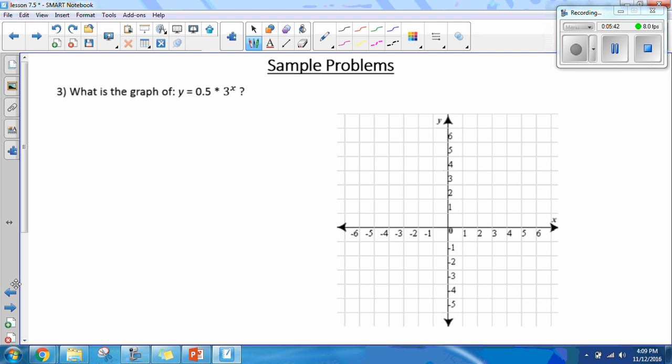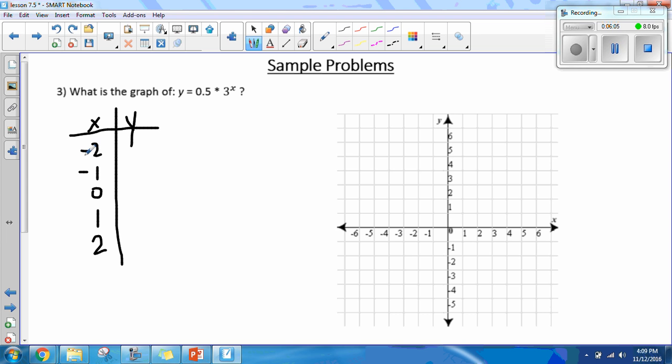What is the graph of y equals 0.5 times 3 to the x power? First, you need to make a table. We're going to pick negative and positive points. So let's do -2, -1, 0, 1, and 2.